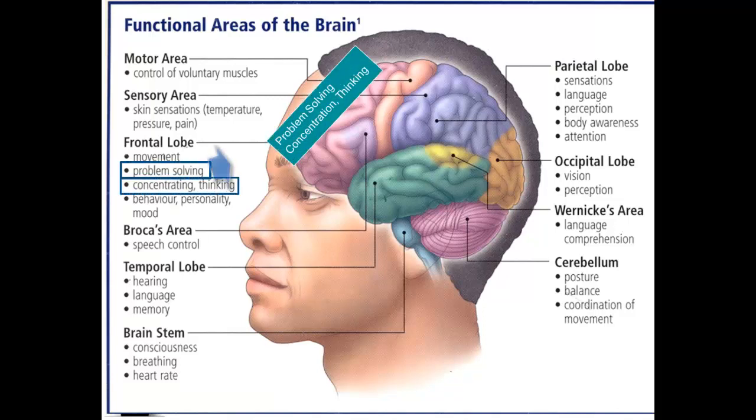So in doing mathematics, we need problem-solving skills and being able to concentrate, being able to think. And those parts are located in your frontal lobe, which is right here behind your forehead. So this is one of the important parts for math learning. That's called the frontal cortex.